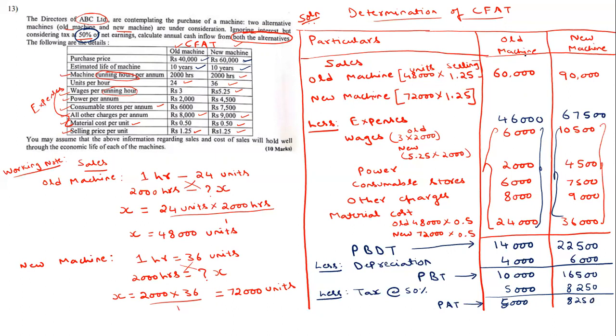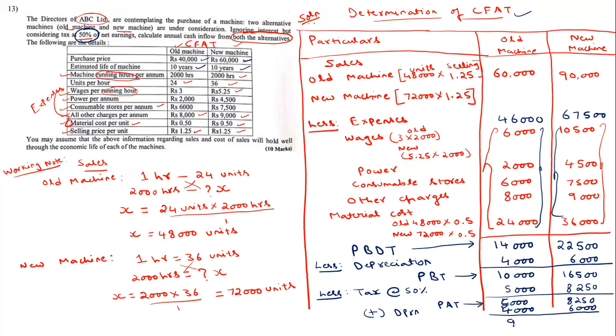But our target is to get the CFAT. So what I'll do now is add depreciation. We already got to know what the depreciation is. The depreciation is 4,000, so you will have to add that 4,000, and then 6,000 for the new machine. If you total up these things, you will get the cash flow after tax.